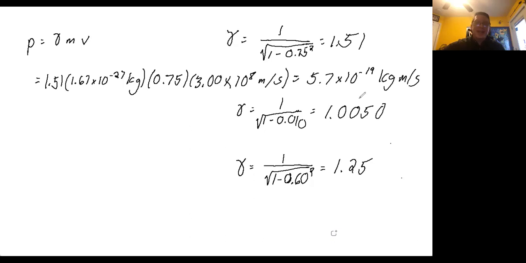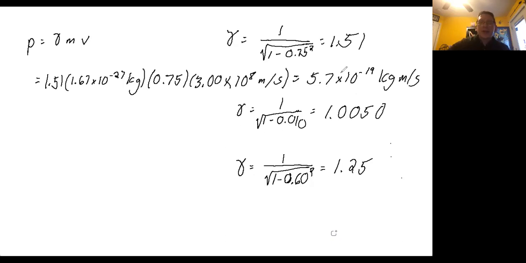So for that, now you're talking a 25% error. The actual answer is 1.25 times what you would get if you just use classical momentum. And here, for 1/10 the speed of light, it's about 5/10 of 1%.